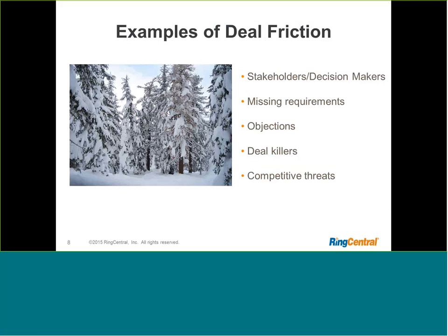So when you look at what we call deal friction, the key things that we run into is having the right stakeholders and decision makers, and they have to be bought into cloud. Also, there can be missing requirements. So if we don't have all the requirements or business drivers that customers are looking for, that can be another example of deal friction.